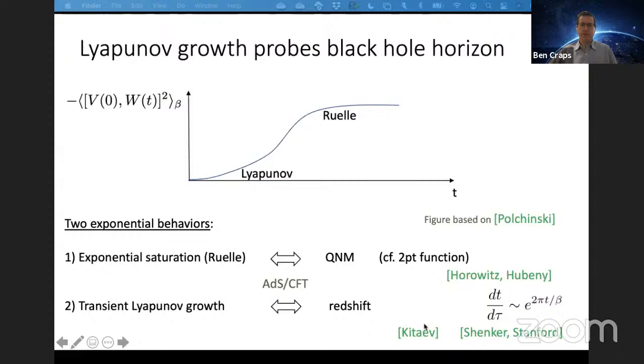One thing to notice is that it's precisely the temperature, or the inverse temperature beta, that appears in this exponential, whereas the exponentials corresponding to the saturation or the quasi-normal modes are typically proportional to the temperature, but up to some factors of order unity that depend on the details of the geometry.